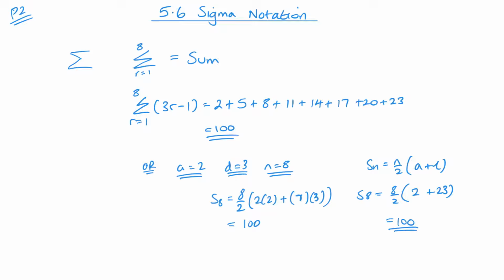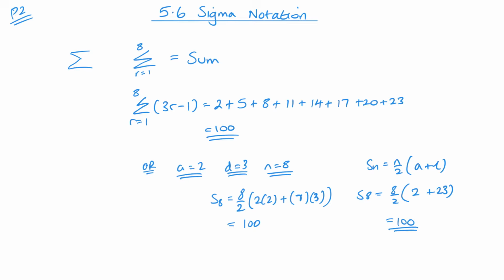If it is an arithmetic series, then once I know what d is, I'd substitute in to get the first term, and then find the last term, and I would use this formula. That would always make my life a lot easier and make finding these a lot quicker and more efficient.